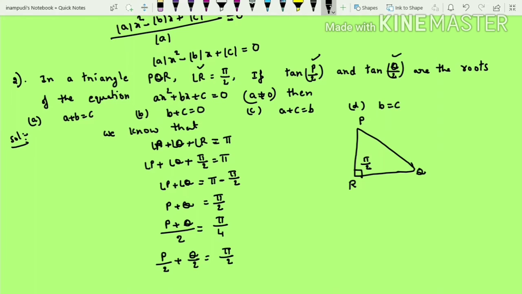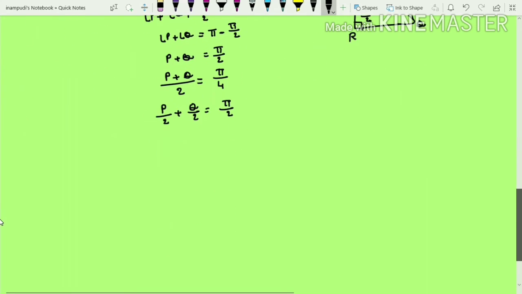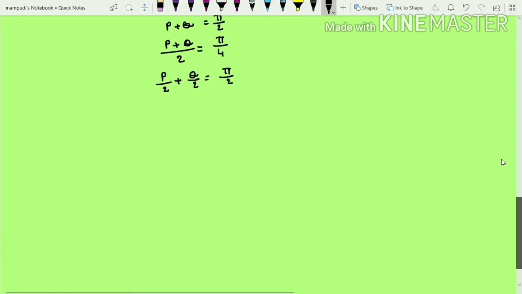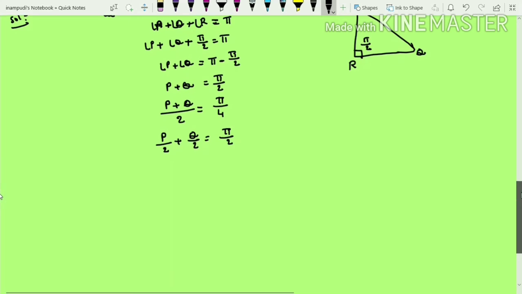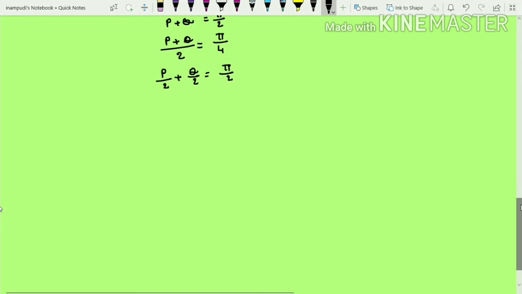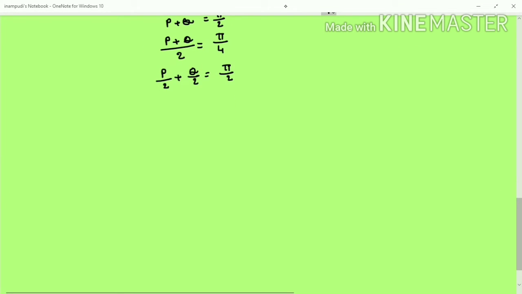Here the trigonometric function is tan. We can apply tan on both sides. Here tan pi by 4, it is pi by 4.